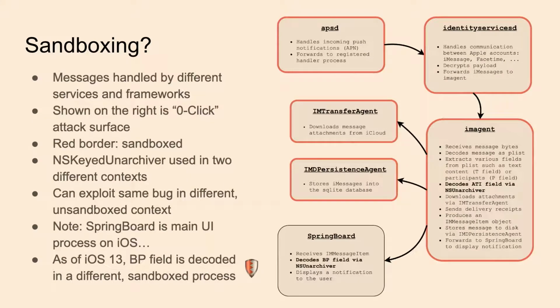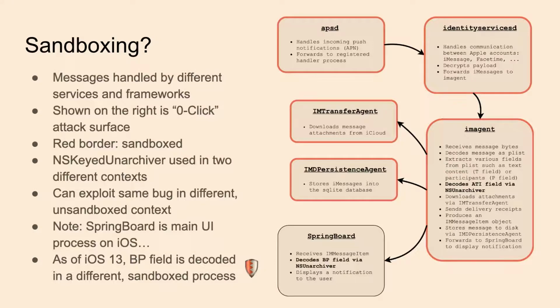What about sandboxing? If you do some more reverse engineering and figure out what services play into iMessage, this is what you end up with on the right side. So you have a number of services. Most of them are sandboxed. The red border means there's a sandbox. Interestingly, SpringBoard also does some NSUnarchiver stuff. So it's decoding the BP key. So it could also trigger our vulnerability.